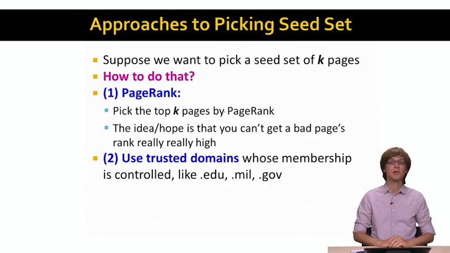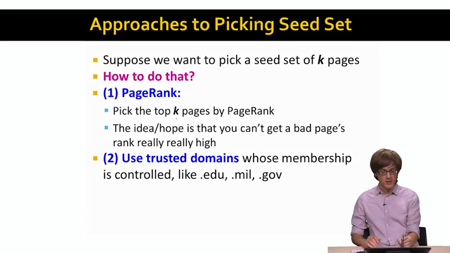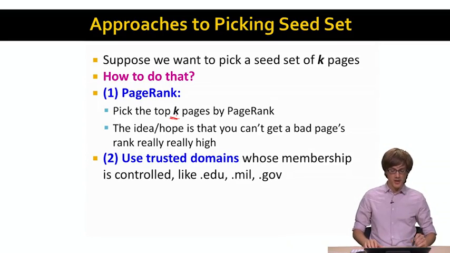The idea is the following. For example, imagine that we want to select a seed set of K pages. One idea would be to pick the K pages on the web according to the PageRank, and the hope is that the top small fraction of pages are really the truly important pages on the web, and we label those as the seed set.